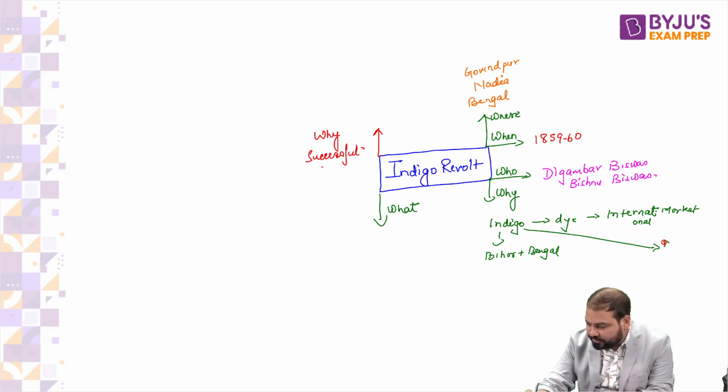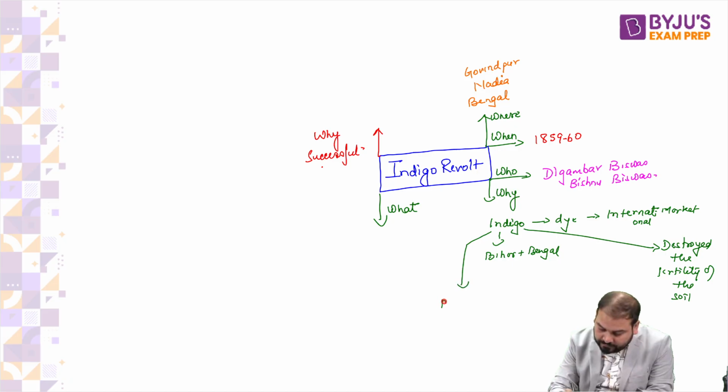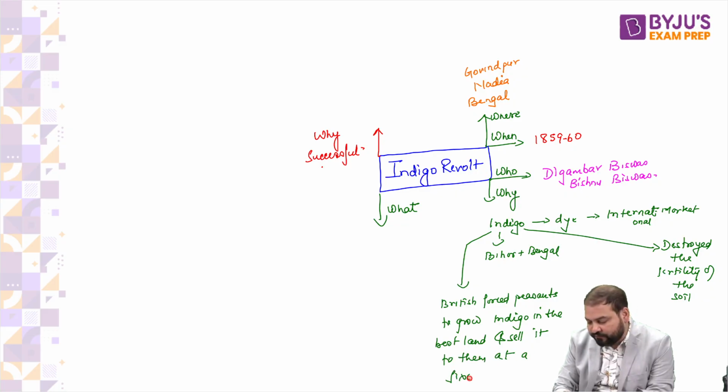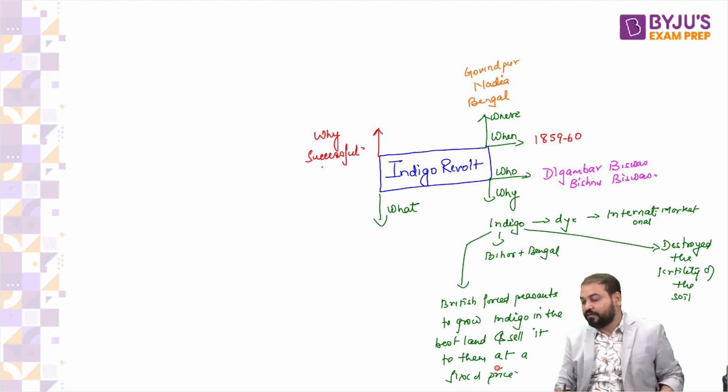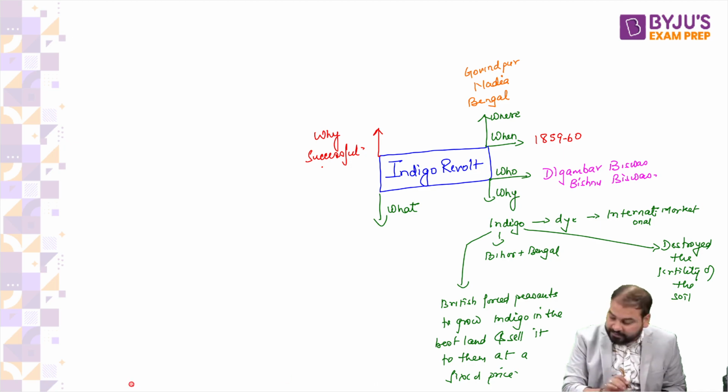The problem was it destroyed the fertility of the soil, and the British forced peasants to grow indigo in the best land and sell it to them at a fixed price. Everyone, any doubt till here? All of you, any doubt till here?